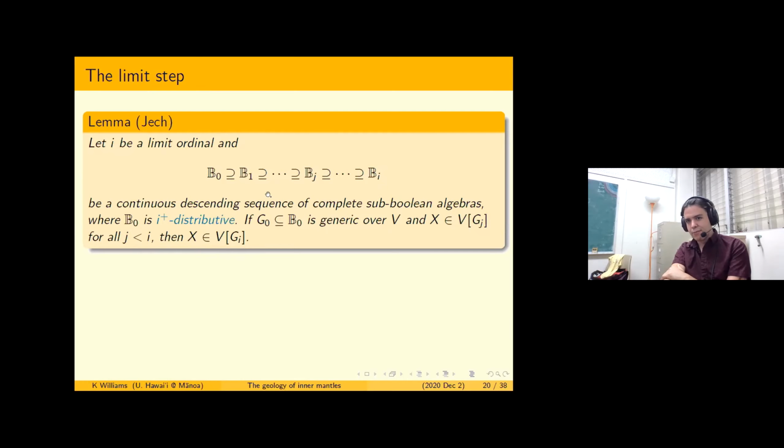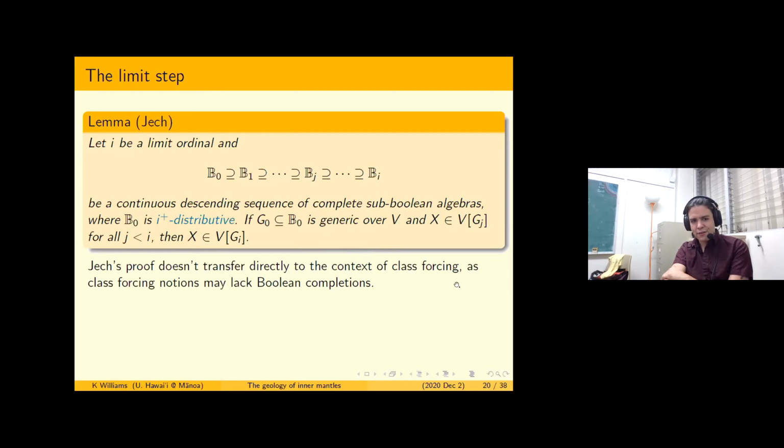Okay. So the lemma was proved in the HOD case exactly to make the limit stage go through, and we'd like to do the same thing in the mantle case. There's a bit of a hurdle, though, which is this is talking about complete Boolean algebras, and class forcing notions in general don't have Boolean completions. So you can't directly just take these class things, find their complete Boolean completions, and then do the lemma there.